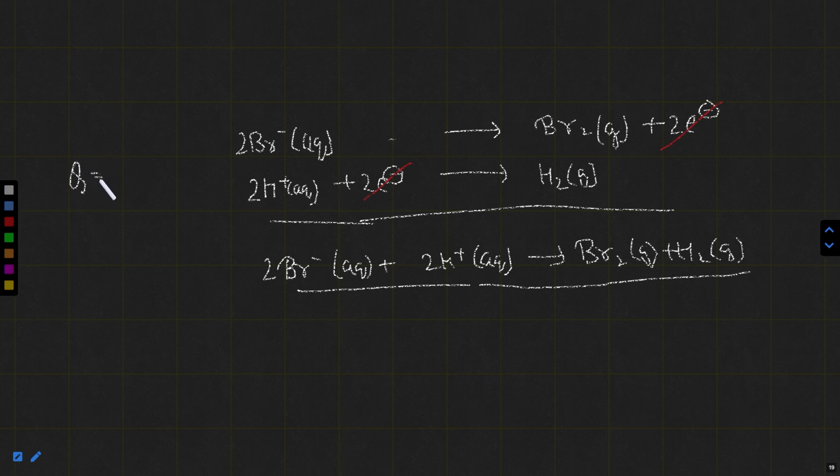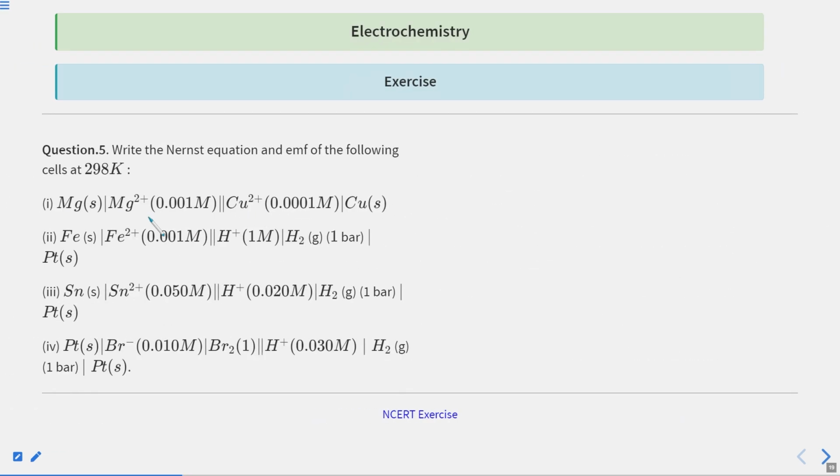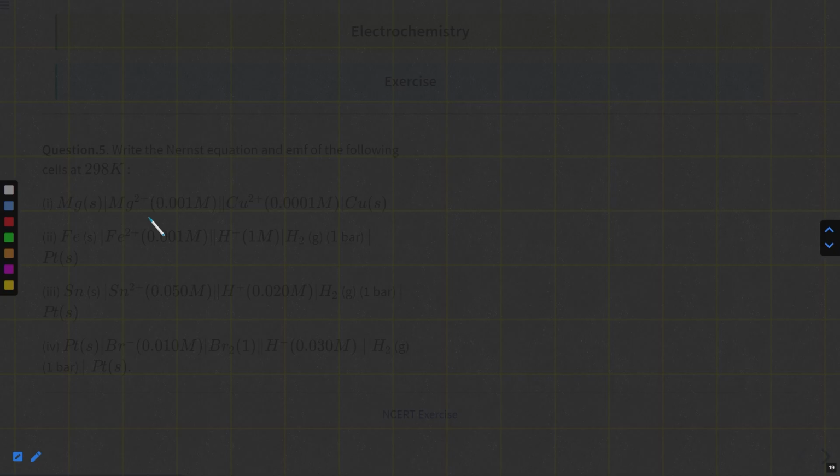Don't write it as reduction by oxidation or oxidation by reduction. You can see very clearly what a varied change has occurred. For this, you will get a very complicated value, that is Br minus concentration square and H plus concentration square. So both of the species are on the downside.